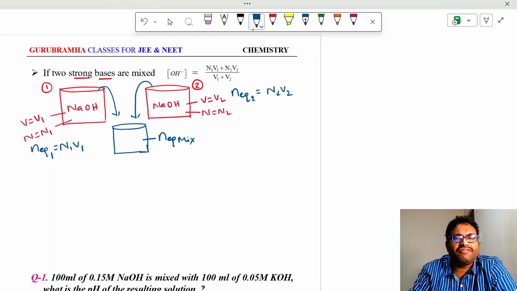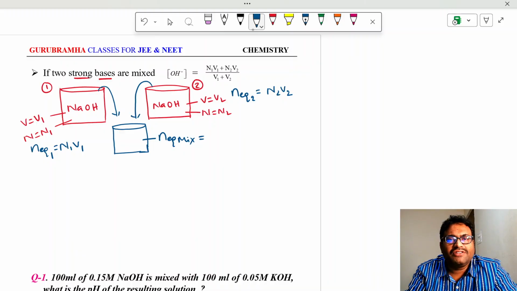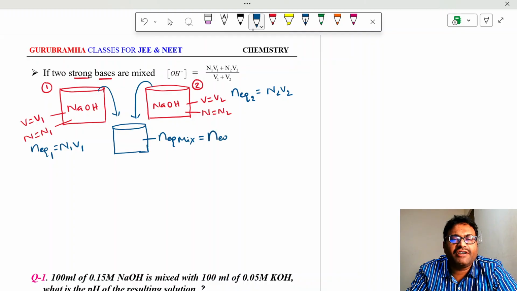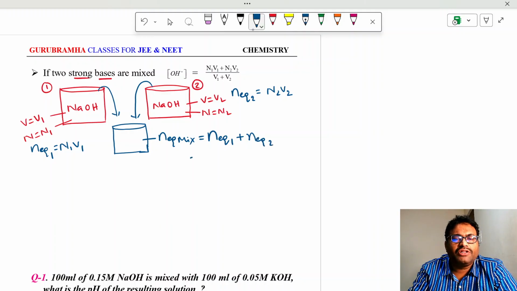Then for the number of equivalents of the mixture, both solutions are basic solutions, so simply their number of equivalents get added up. That is equal to N1 V1 plus N2 V2.